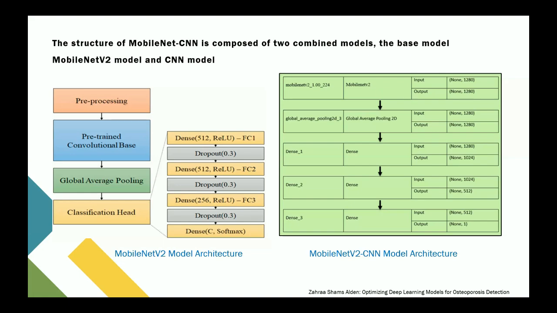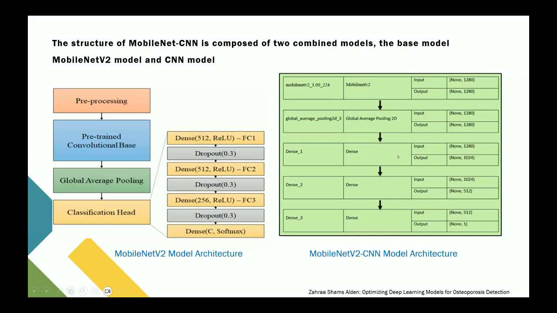The global average pooling 2D is very important as it summarizes the spatial information of the feature map into a single value per channel. It focuses more on the importance of the features than their location.